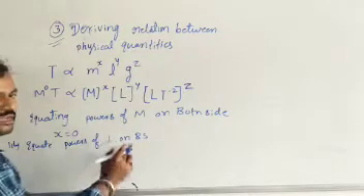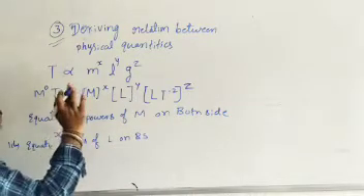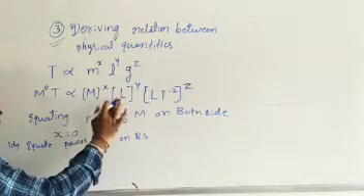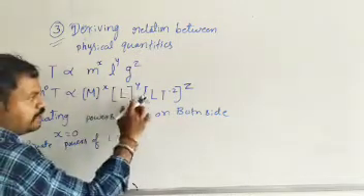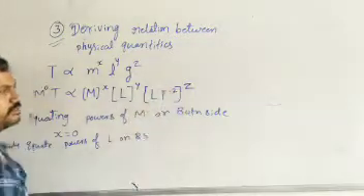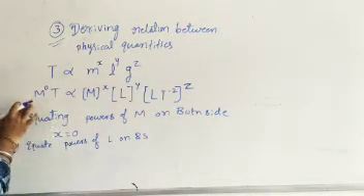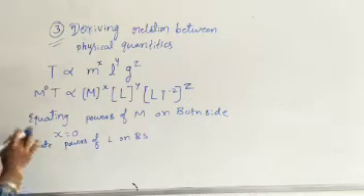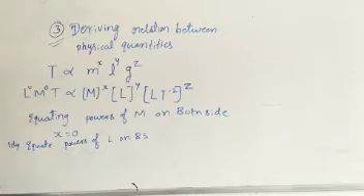On the RHS we have L power y and L power z. Is there any length quantity in the LHS? No. That's why we can write L power 0.